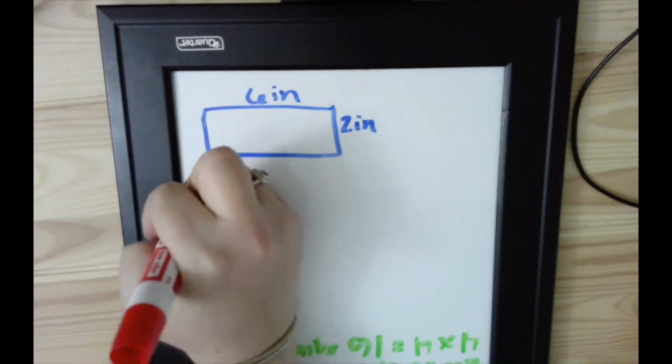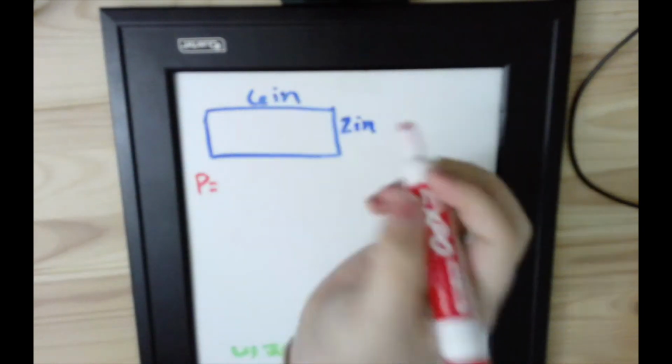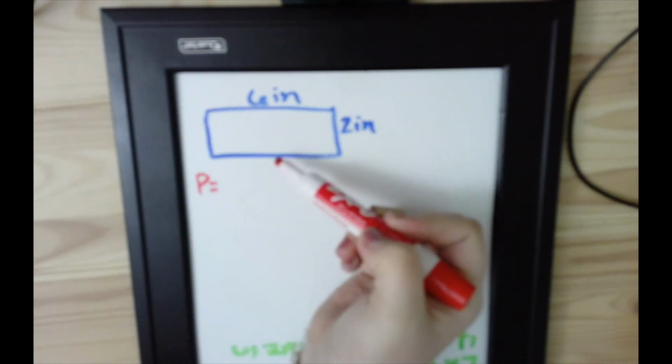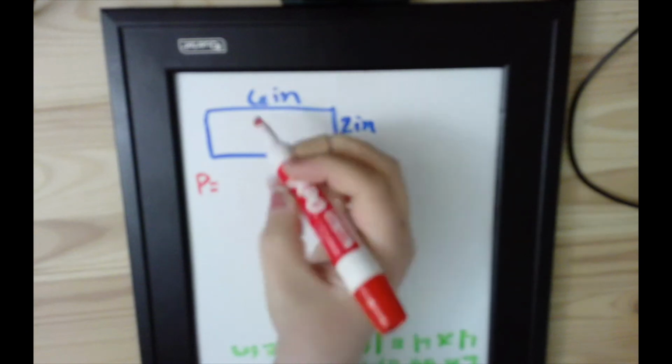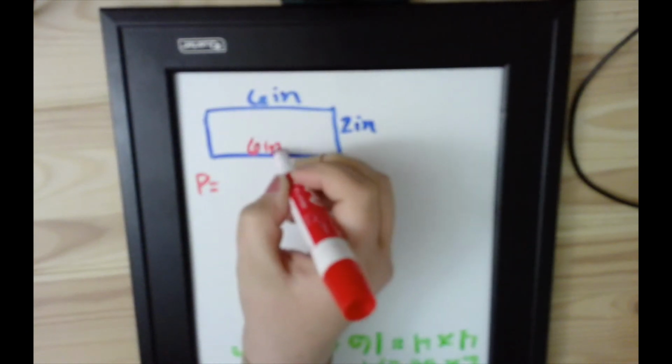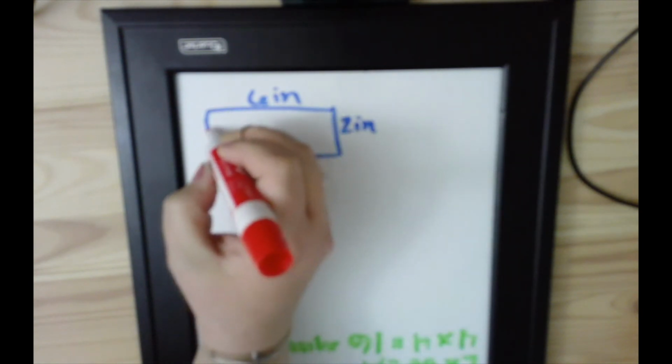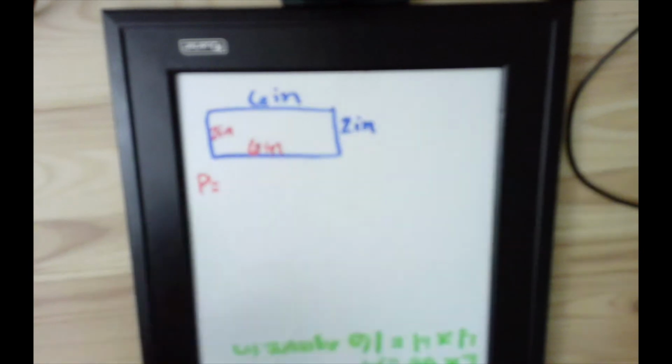So perimeter equals, we have to think, what is this length going to be? It's 6 inches as well, because we know a rectangle has congruent parallel sides. Same for here, 2 inches, the same as across.